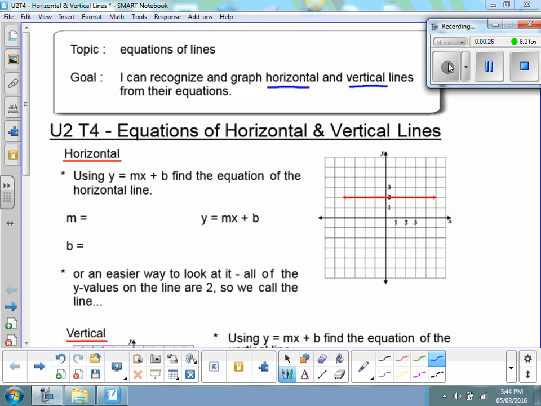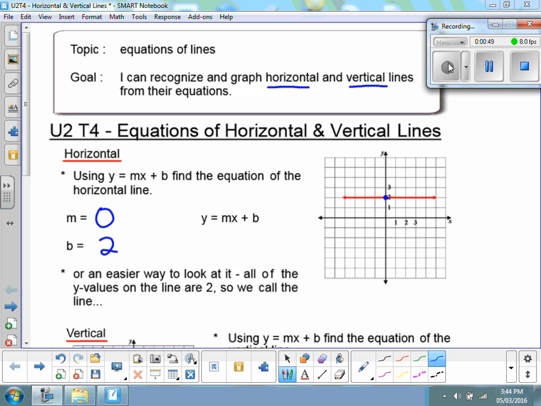So we've got a horizontal line here on the graph. And you can see from the graph that the slope is 0. Okay, it has no rise, so the slope is 0. And the y-intercept, it crosses through the y-axis at 2.